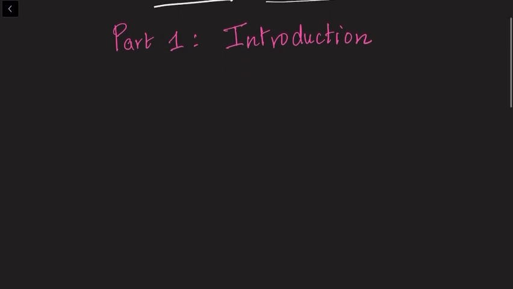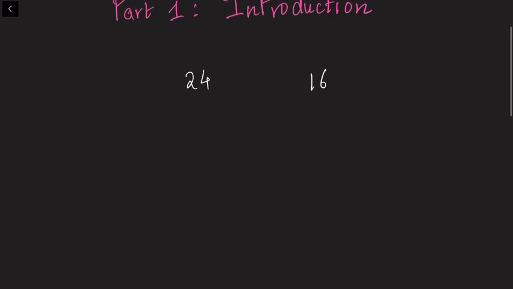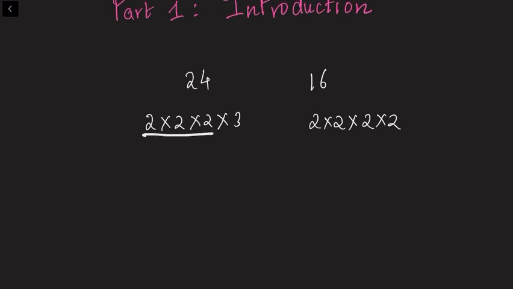Like if you are given two small numbers, say 24 and 16, you used to find the factors of these two numbers, compare them and find the highest common factor. So 8 is the highest common factor of these two positive integers.